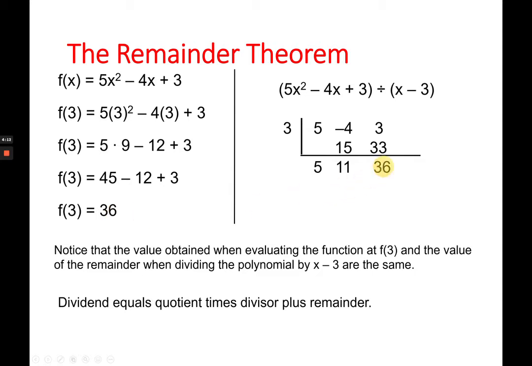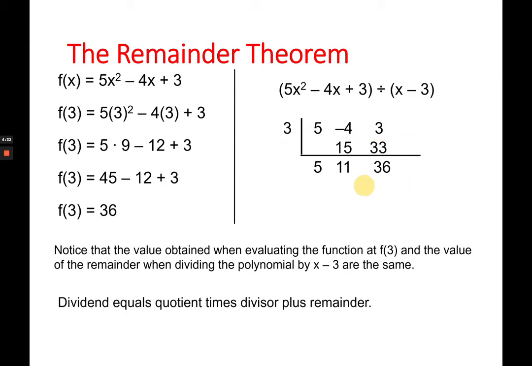Now, what's the big idea? Well, if you have a given polynomial with degree 4 or degree 5, and you have 3, can you imagine 3 times 3 times 3 times 3 times 3, and then simplify? It's a lot of work.